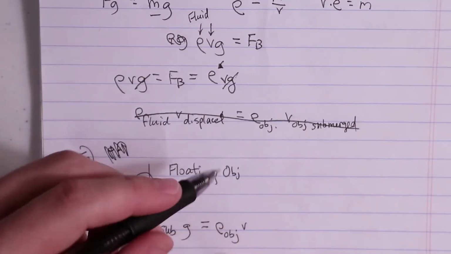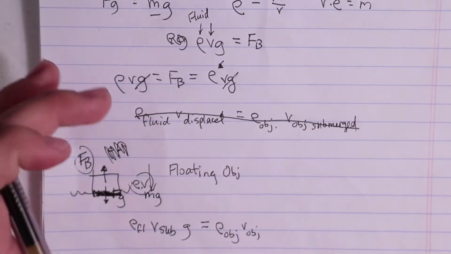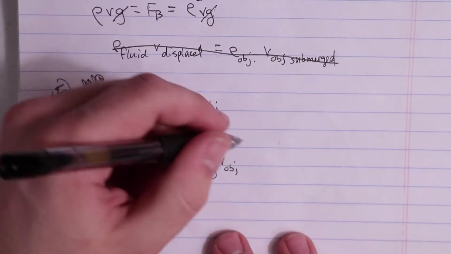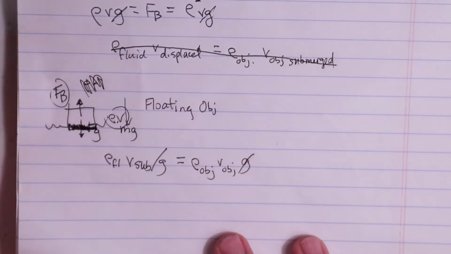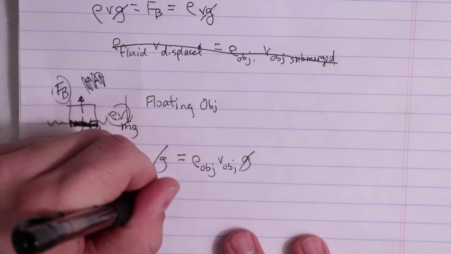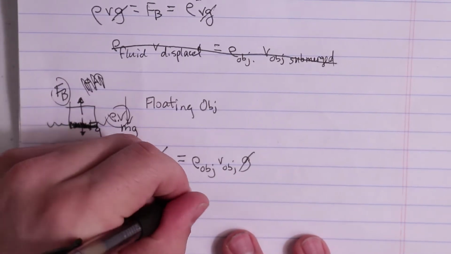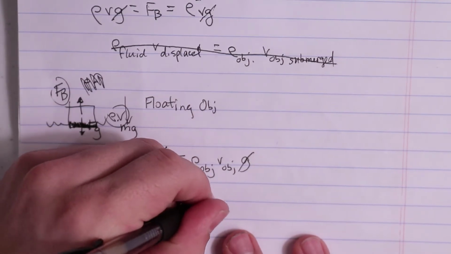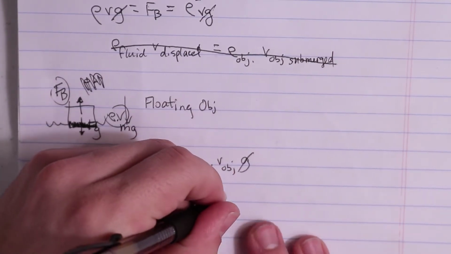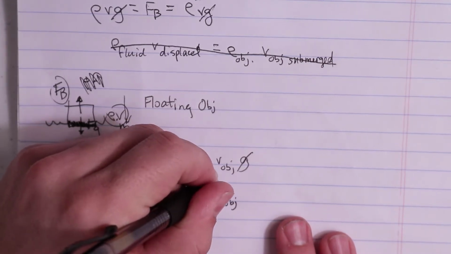So that's why we're going to use rho V, and this is the volume of just the entire object, not the object submerged, and then g again. So we can drop the g's, and we get this equation of rho of the fluid times the volume submerged equals the density of the object times the volume of the object, which represents the mass of the object.